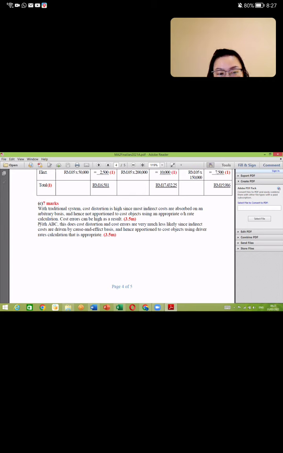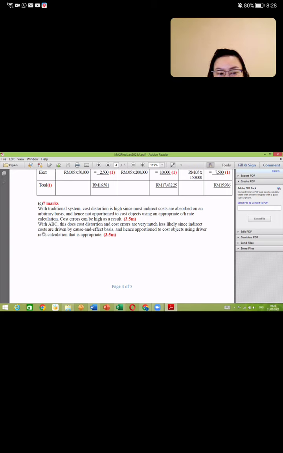However, with ABC, this does not distort your cost, so cost errors are very much lesser. Why? Because you are using a cause and effect relationship to allocate a portion of your overhead cost to your cost object.